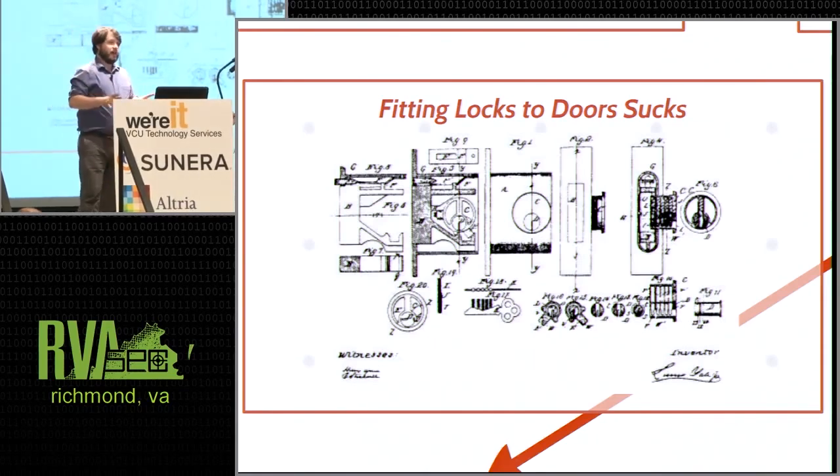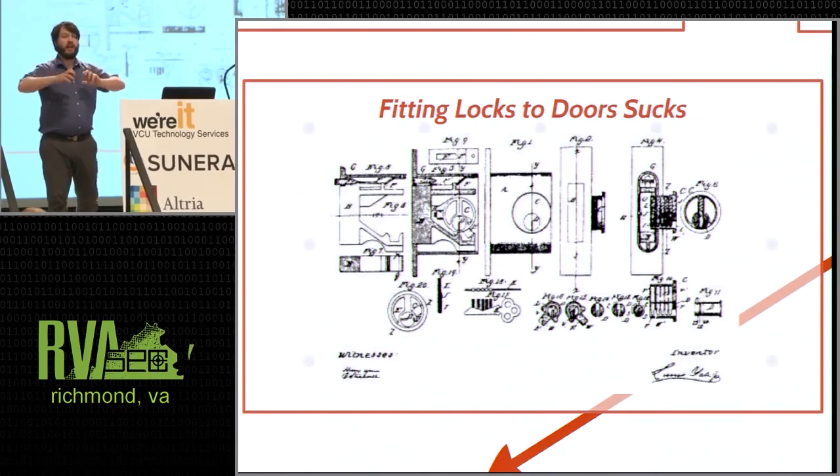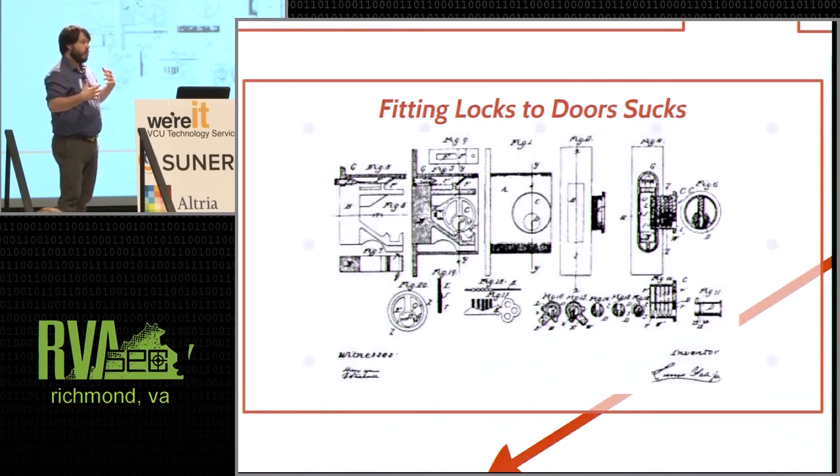What Jr. realized, more than anything, was that the long history of building a lock and then fitting that lock to a door, where the lock had to somehow conform to the specific purpose, was awful.